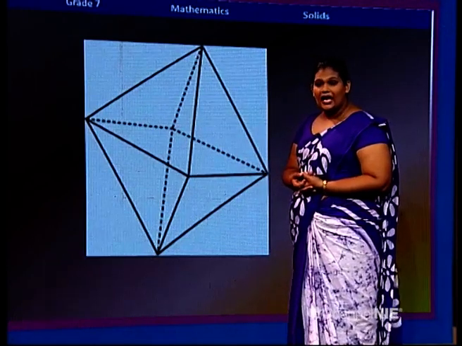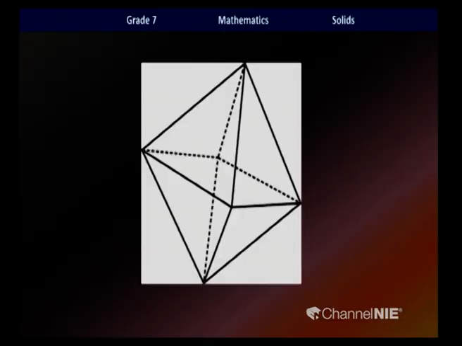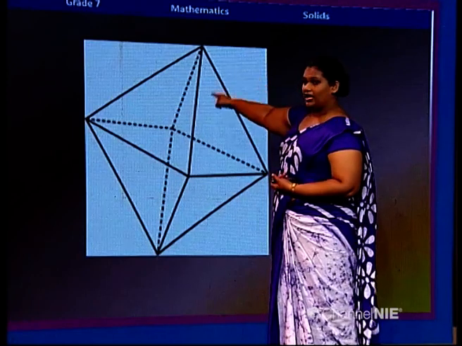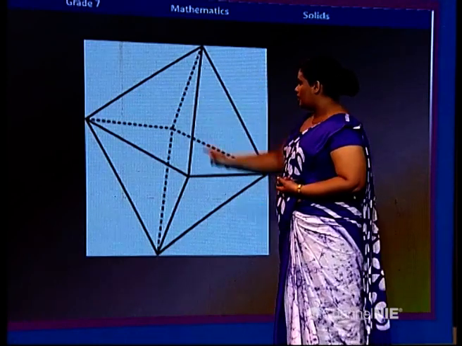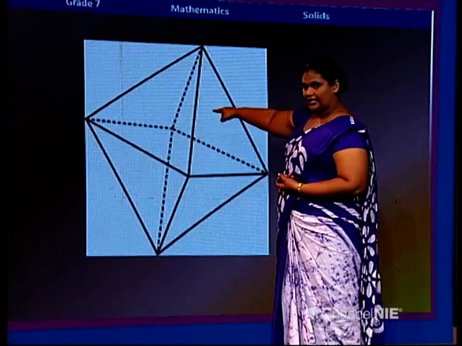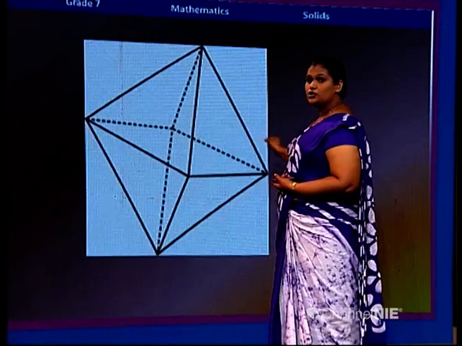We have 8 faces. All are triangular faces. Then shall we count the number of edges? 1, 2, 3, 4, 5, 6, 7, 8, 9, 10, 11, 12.